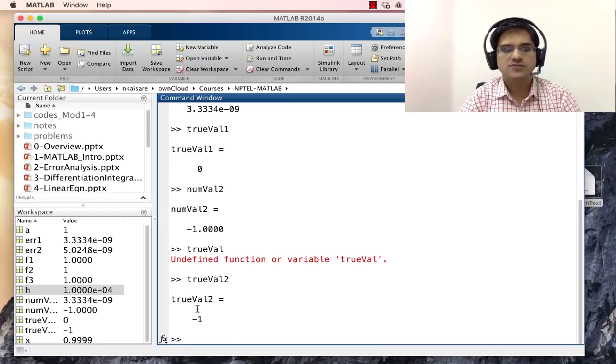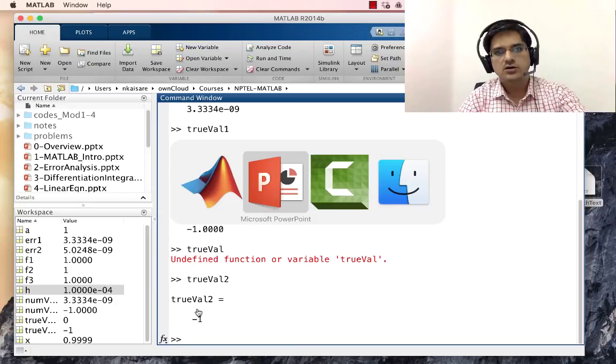As we can see, the errors using central difference formula for h equal to 10 to the power minus 4 are fairly small.